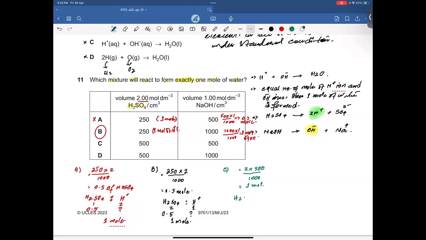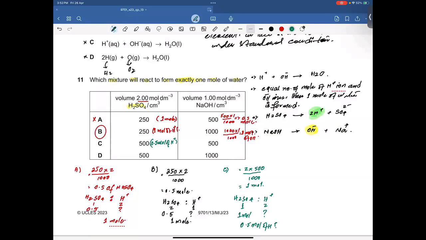Since H2SO4 and hydrogen ions has 1:2 ratio, so if we have 1 mole, obviously hydrogen ion is going to be 0.5. Okay, so from here I'm getting 0.5 moles of hydrogen ion.